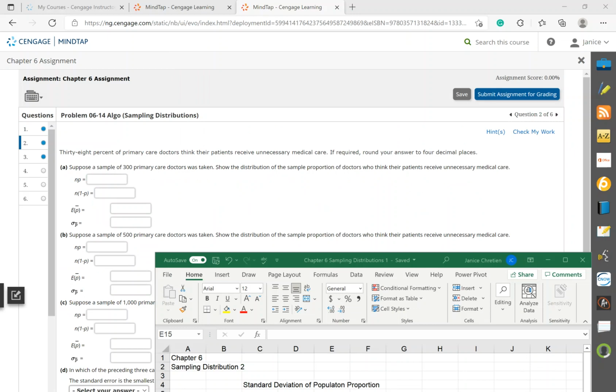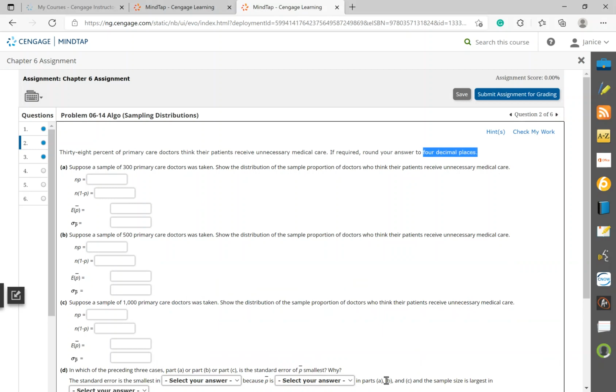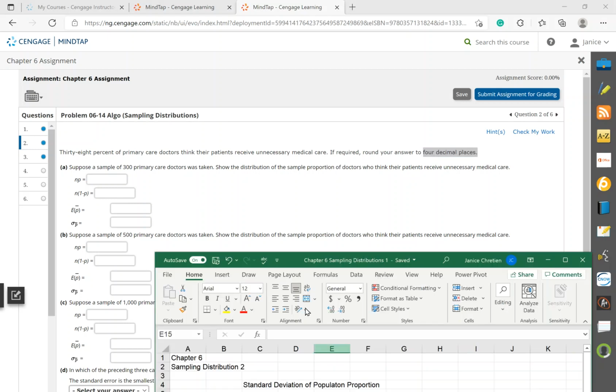In question 2, I'm told that 38% of primary care doctors think that their patients receive unnecessary medical care, and it does want me in this problem to round my answer to 4 decimal places. And it says, suppose a sample of 300 primary care doctors was taken, show the distribution of the sample populations.